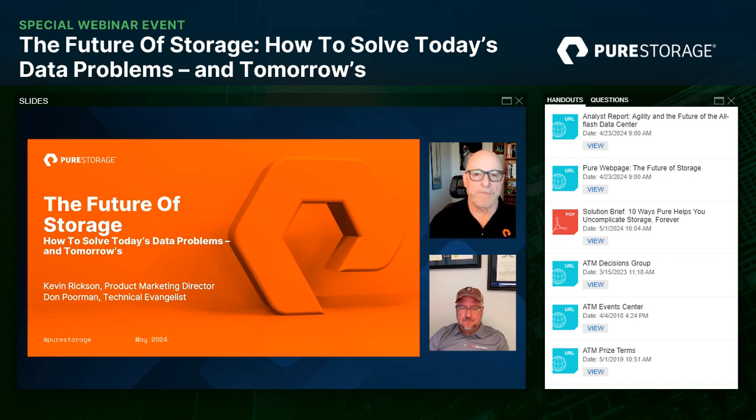So what we're going to be focusing in on today is the future of storage, and especially how you can solve your data storage problems, not only today, but well into the future. And what we're going to really be talking about are the roadblocks and challenges that IT leaders are facing around data, especially as it relates to their infrastructure and what they're searching for, especially to stay on top of all the myriad of new pieces of technology and business challenges and everything that is coming IT's way these days.